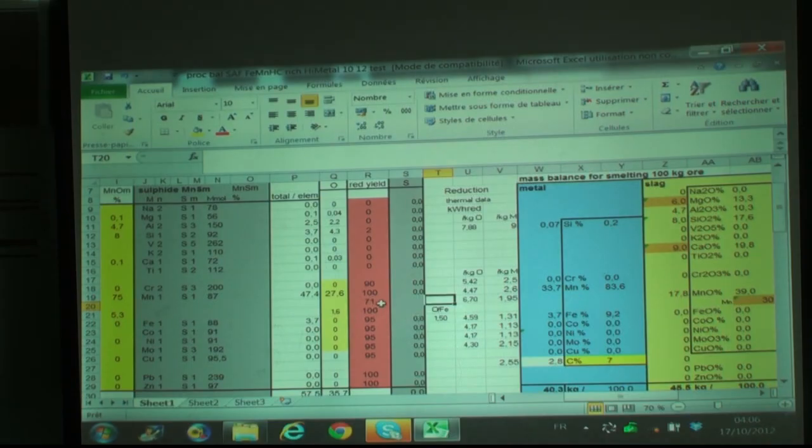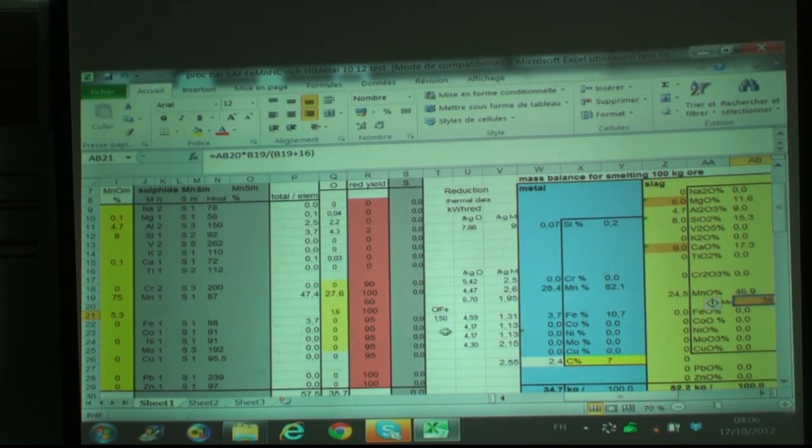Because let's see, if I put 60%, the result I am checking immediately is the amount of manganese in the slag. And my target is to obtain 30%.